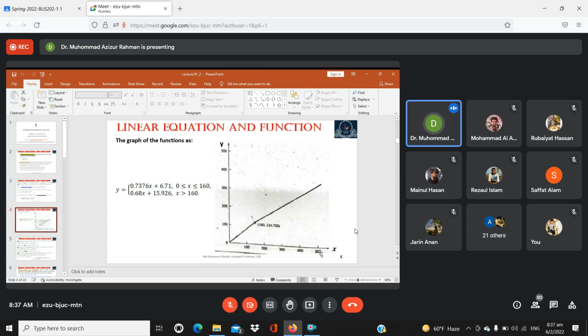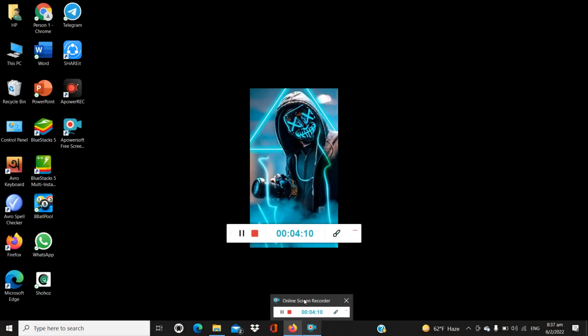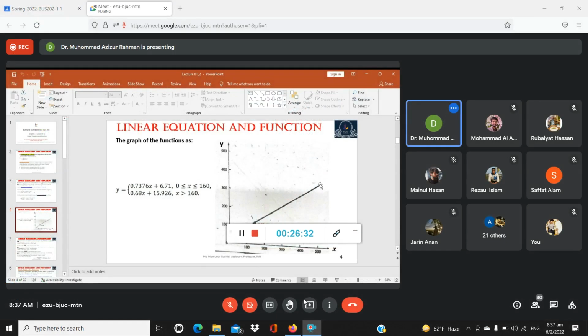Maybe you can see, if your therm is maybe 500, from this second equation, if x value is 500, then you can get the total value of y. You can find the total value of y is somewhere here, 300 something. Then you get this point. Then you connect this point.